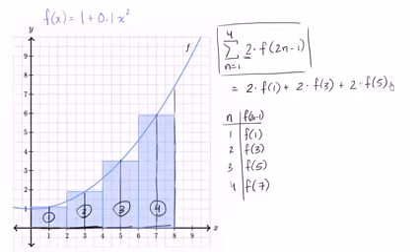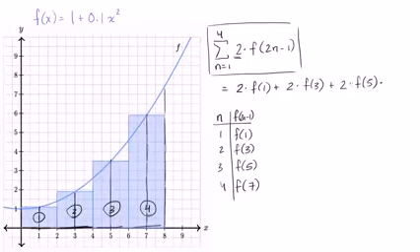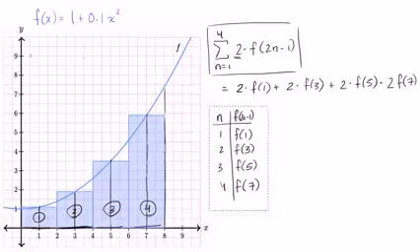When n is 4, this is 2 times f of 7, since 4 times 2 minus 1 is 7. We're going to have to evaluate a bunch of these, so let me clear this out so I have a little more real estate.